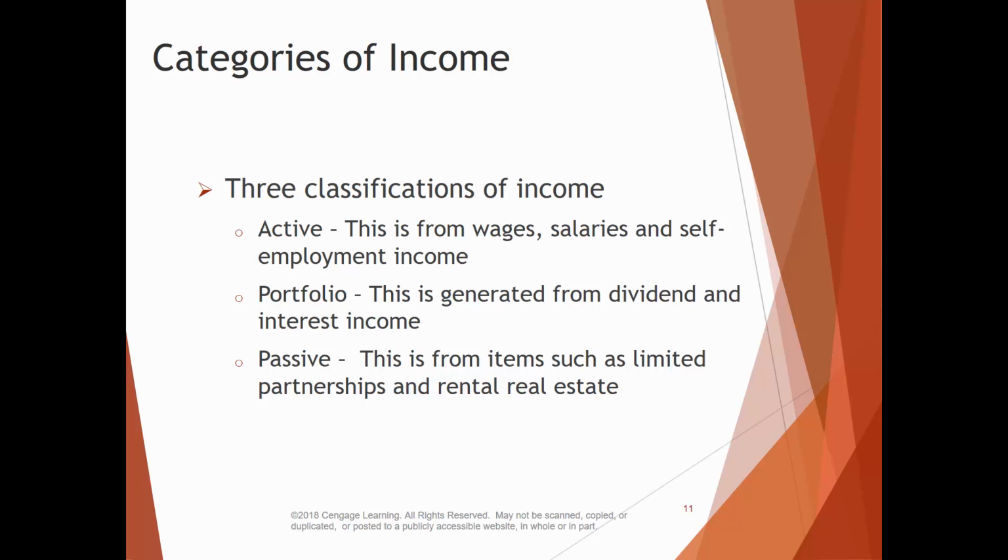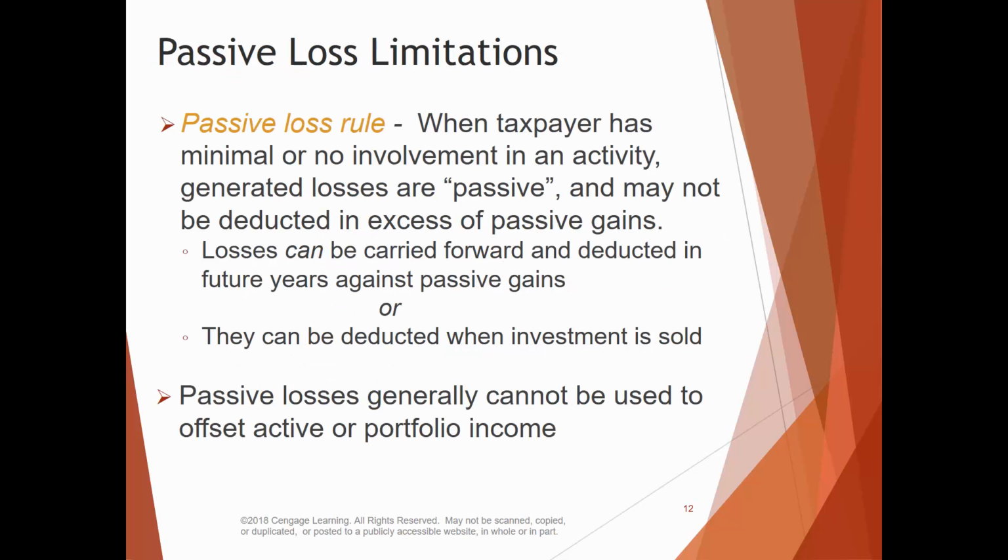But the one thing that a lot of regular people do have that's passive is rental real estate. And there's very specific rules around it. So the first rule, they're called PALs, passive activity losses, is if you have very little involvement with an activity, it's called passive, and you can't ever deduct those in excess of passive gains.